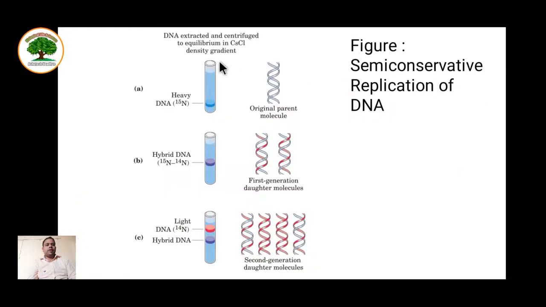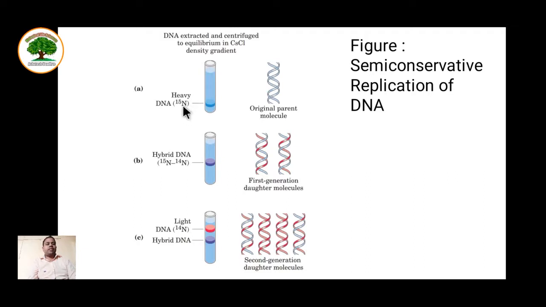Let's see the experiment. First of all, they grew the E. coli on heavy nitrogen containing medium. The nitrogen present in the medium will be taken up by the bacteria for its metabolic work. In that process, it will utilize this heavy isotope of nitrogen, which will form an integral part of the DNA of that bacteria.